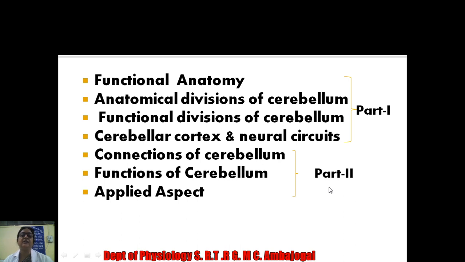It is a very important part. In this topic we have to cover connections of cerebellum, functions of cerebellum and applied aspect. If you understand the previous topic, it is easy to understand today's lecture.